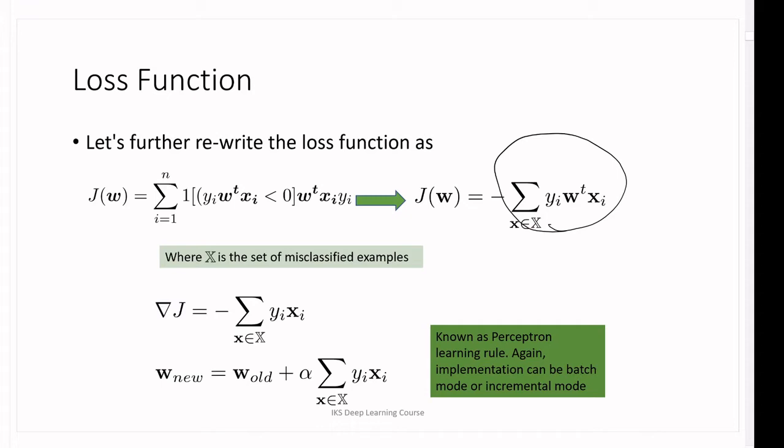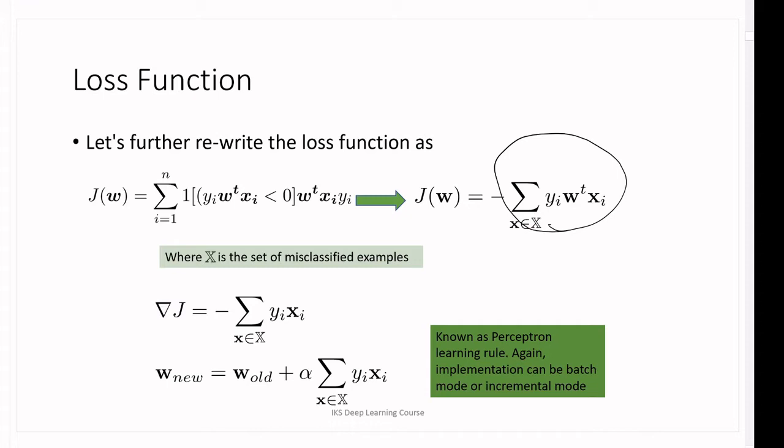And if there is no misclassification, obviously JW will be 0. If there are misclassifications, the function JW will always be positive when there are errors being made, and it will be 0 when there is no error being made. So this looks like a good function to be used for gradient search.